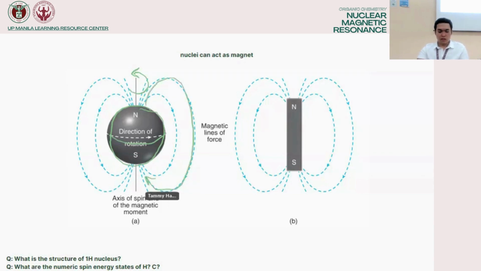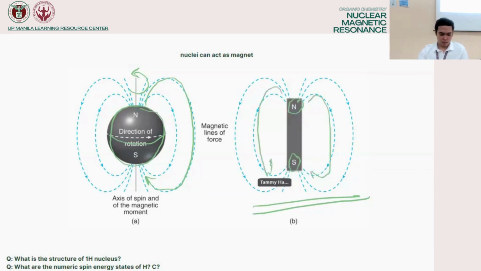So it acts as a magnet. Kasi di ba ang ating magnets has what? North and south poles. Pag may north and south pole, pag umikot yan, expected na meron kang magnetic field na ma-induce. Diba?